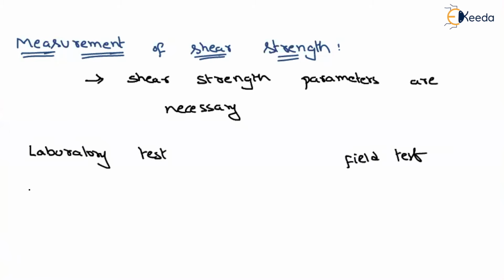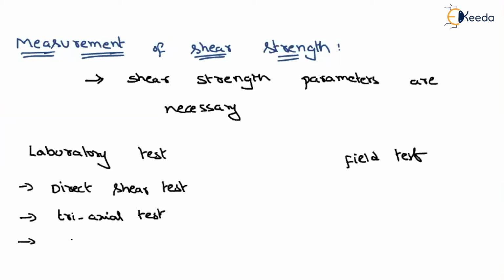In the laboratory, the examples, as we have all heard, are the direct shear test, the triaxial test, the unconfined compression test, and also the vane shear test.